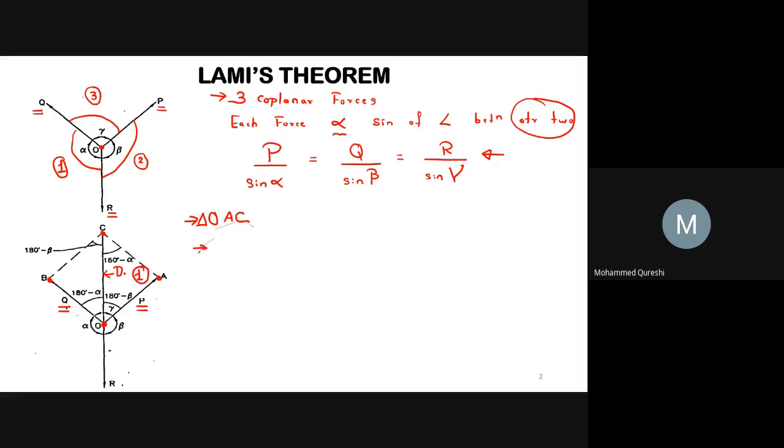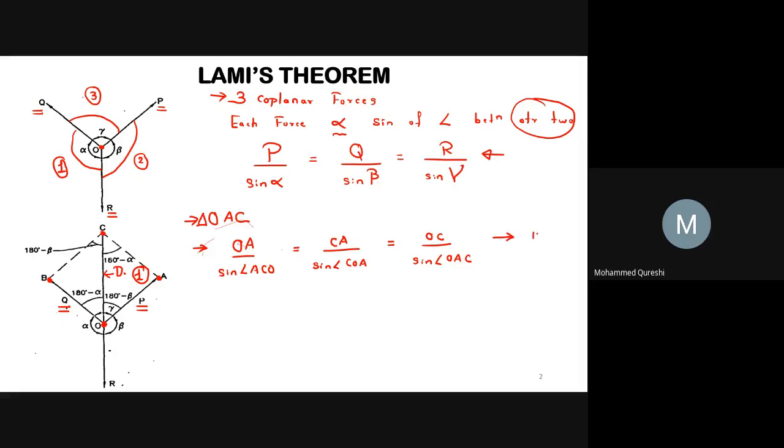We are talking about triangle OAC. So in this triangle, according to the sine rule, what will we get? OA upon sine of angle ACO equals CA upon sine of angle COA equals OC upon sine of angle OAC.